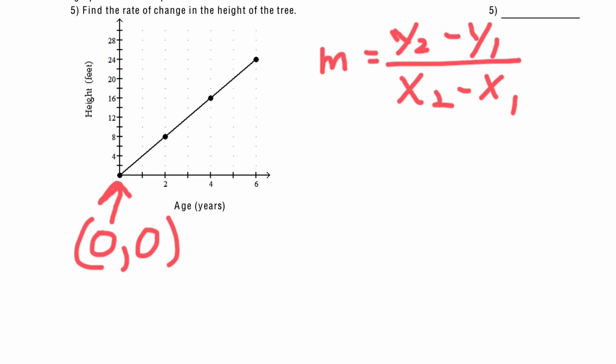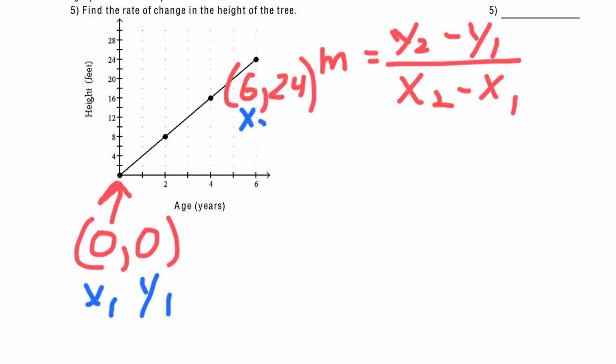And that one is, the x is 6, and the y is 24. But no matter which 2 points I use, it should work out just fine. So I'll make this my x1, this my y1, this my x2, and then y2.